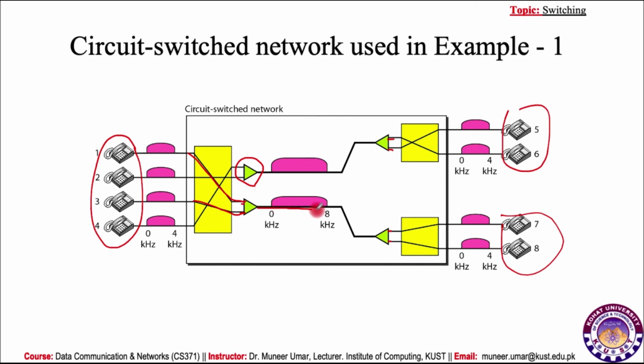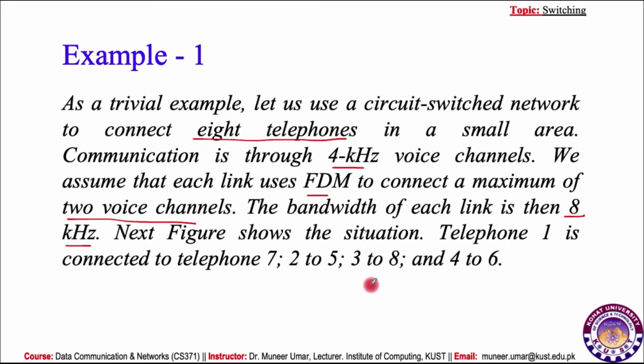Both are combined on the path having 8 kilohertz frequency, and then the multiplexed data is demultiplexed here, and the path is completed by connecting these two sets with these two. So 1 and 3 are connected with 7 and 8. Telephone 1 is connected to telephone 7, 2 to 5, and 3 to 8, and 4 to 6.